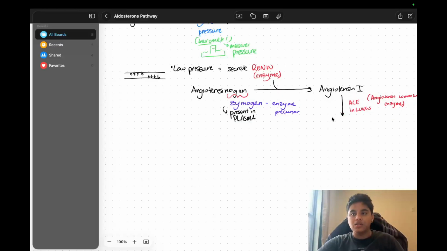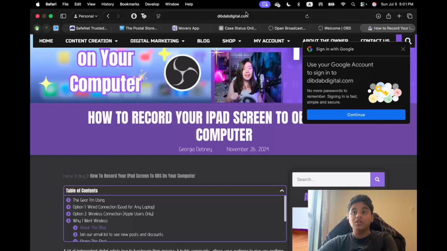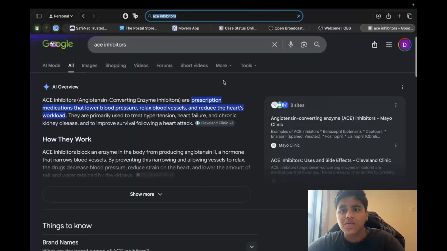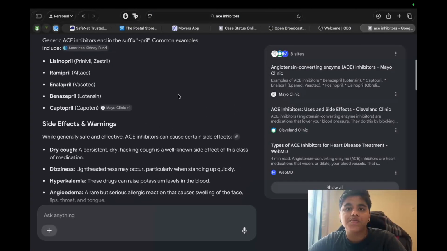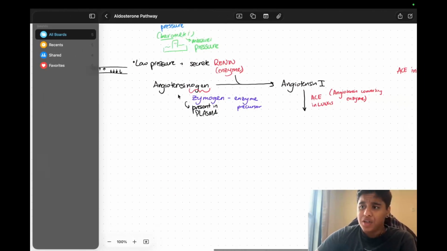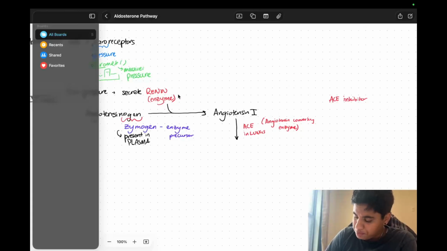Famous ACE inhibitors, actually before I lie, I'm gonna look it up. The prils, okay. So famous ACE inhibitors, right? If you work anywhere in healthcare, or you have family, you've probably heard of lisinopril, right? Really, anything that ends with a pril is usually an ACE inhibitor. So this is the enzyme that these guys inhibit, right?